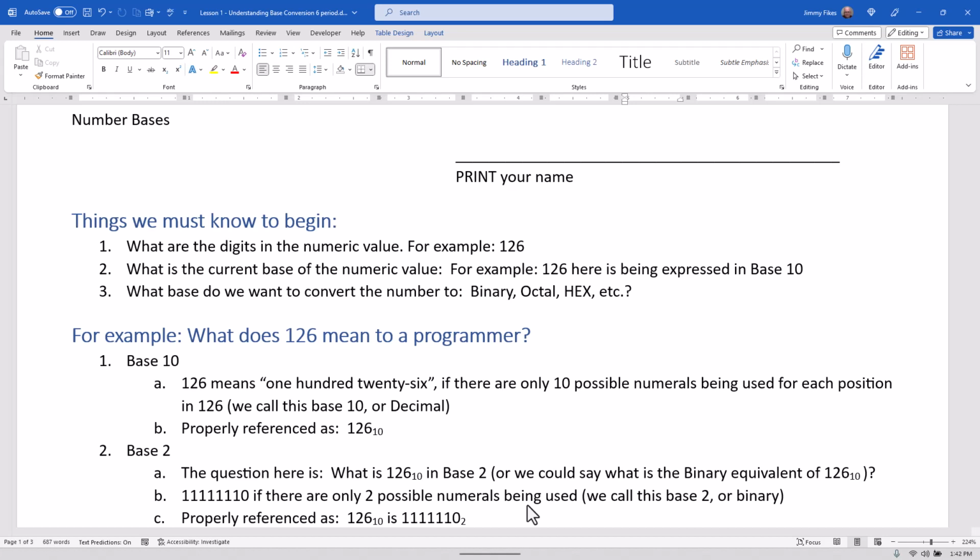Now, most computer programmers in the Western world assume when we hear 126 that it is a base 10 number. For people who speak English, we look at that and ask, are these English numbers? No. Where do we get numbers from? There is no such thing as an English number.